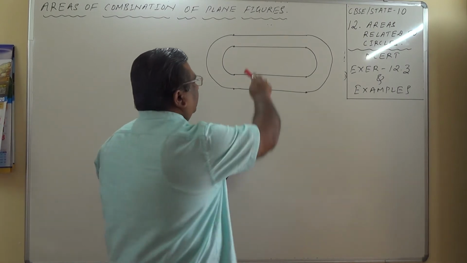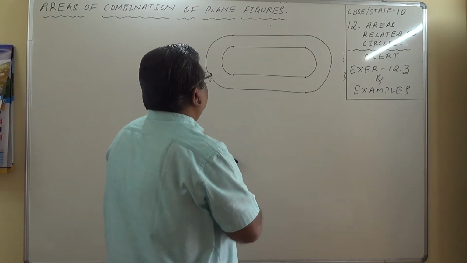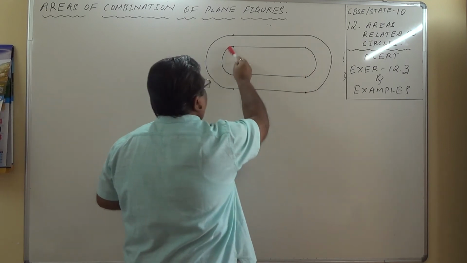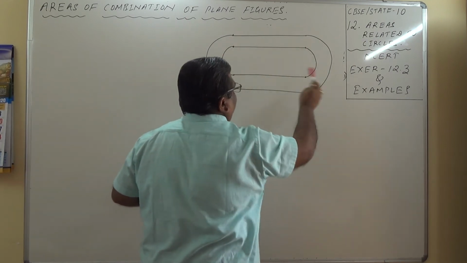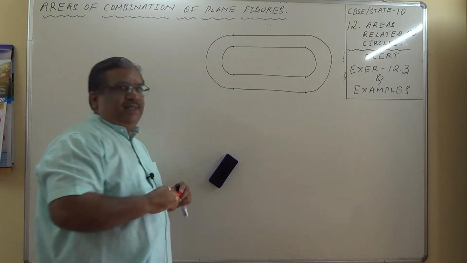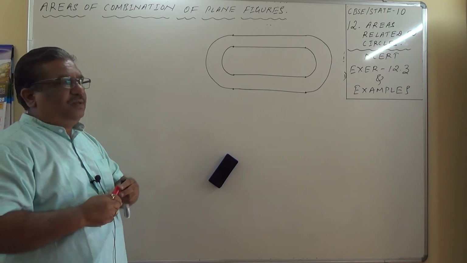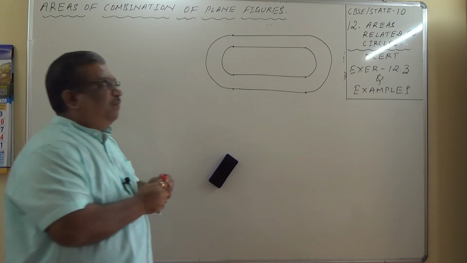Here, this is the track, the given track. These are semicircles, this one and this one. The ends of this track are semicircles. So let me name the points over here so that reading would be much easier.